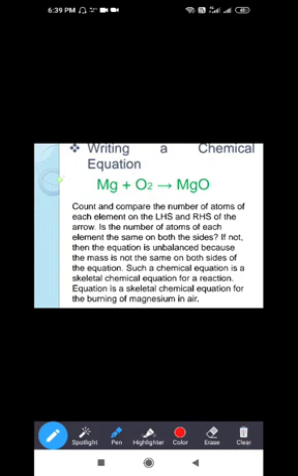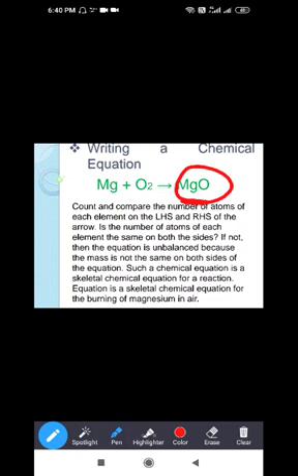Okay, this arrow shows the reaction, right? You can see that the arrowhead is from the reactant side to the product side, right? So from this it is clear that the magnesium and oxygen are going to react with each other and form MgO. What do we mean by MgO?